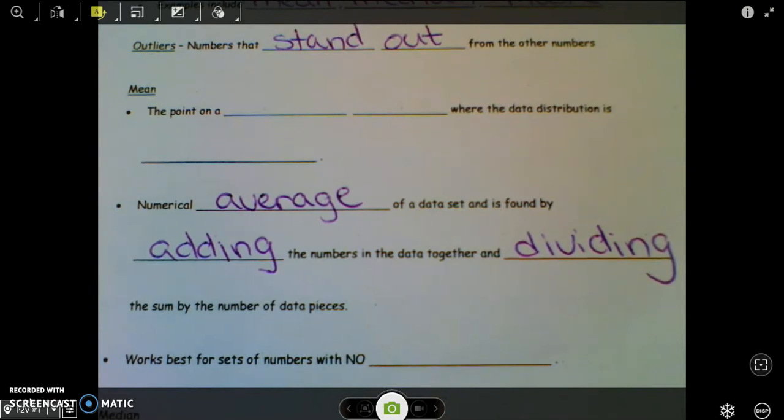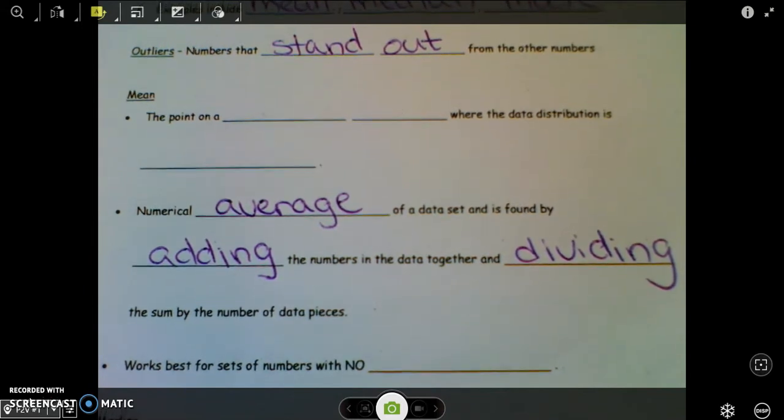So you add up and divide. If you're averaging 2 numbers, you would add them together and divide by 2. But again, if it's a class average on, say, a test or a quiz, then you would add up everybody's test scores or quiz scores and then divide by the number of people that took the test or quiz.